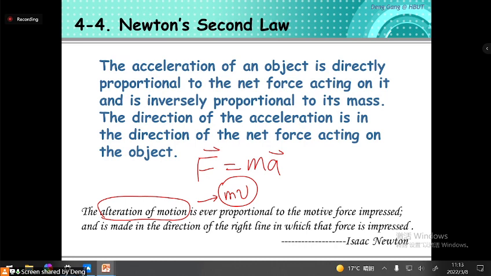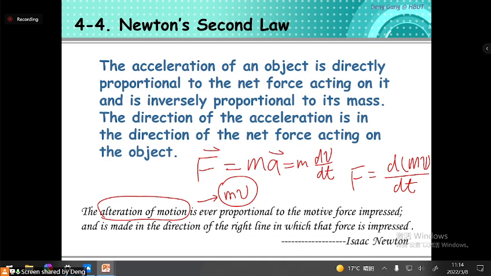So if we use the language of calculus, this force should be equal to d(mv)/dt. It's different from this one, which is equal to m dv/dt. So this one is equal to this one only when m does not change, the mass does not change with time.